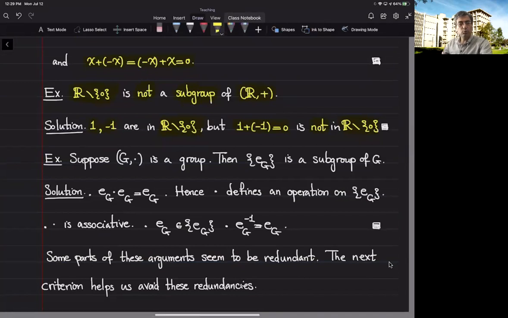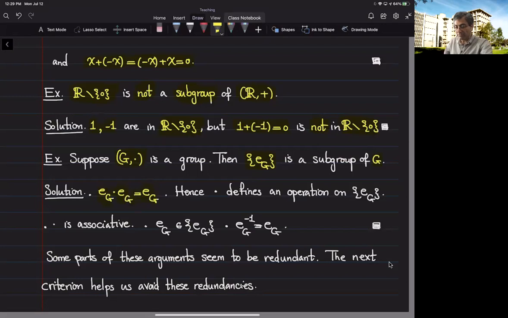Now let's see two general examples of subgroups. If I give you an arbitrary group, the set that contains only one element, the neutral element of G, is definitely a subgroup of G. The other one is the entire group. It is, of course, clear that the entire group is a group under multiplication. How about the set that has only the neutral element in it? I need to check whether or not it is closed under multiplication, but it is the case because the neutral element times itself is the neutral element.